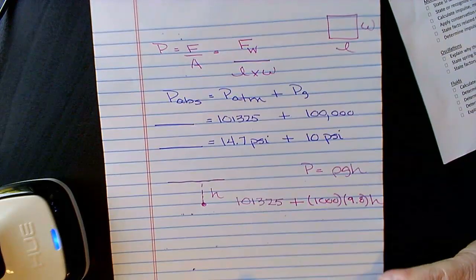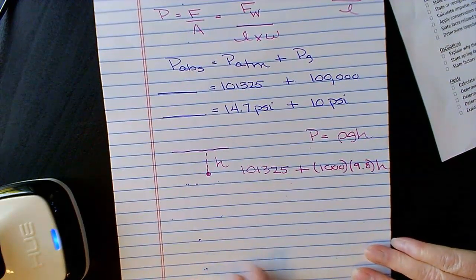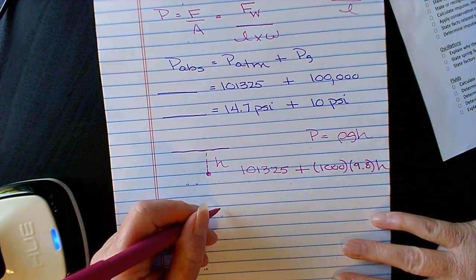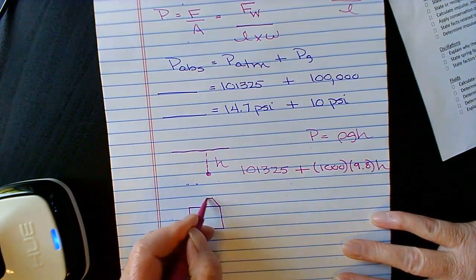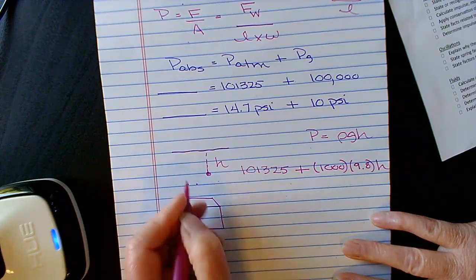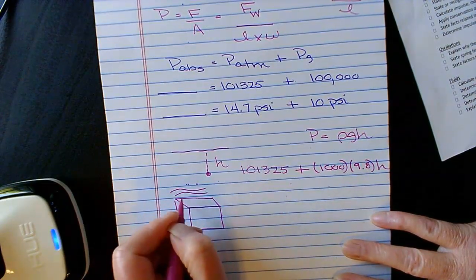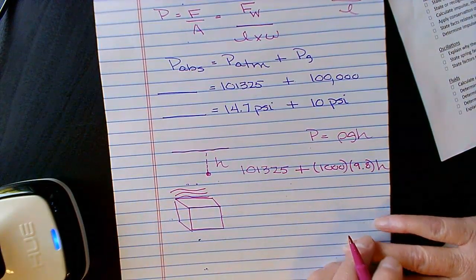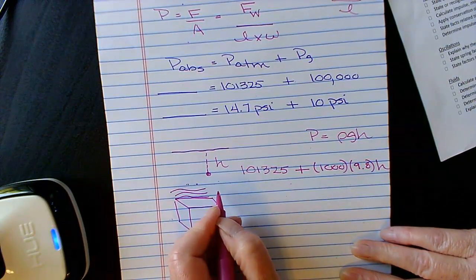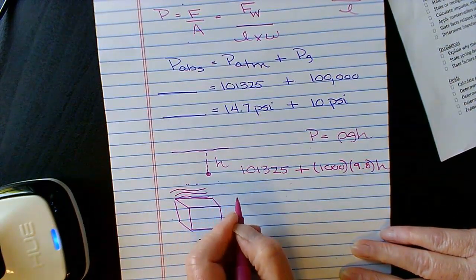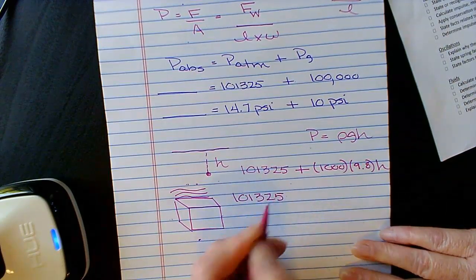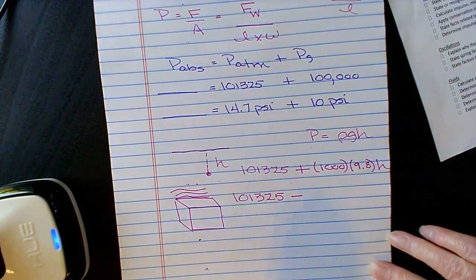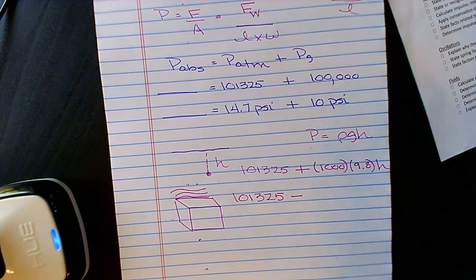What about when the wind is blowing? So we did a picture of a house. I'm just going to draw a little flat house. And we had the wind blowing across the house. And so to find the pressure above the house, it's 101,325. But it's minus the pressure. When the wind whips, the pressure dips.